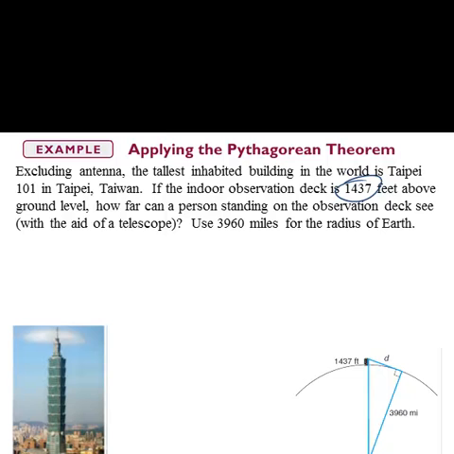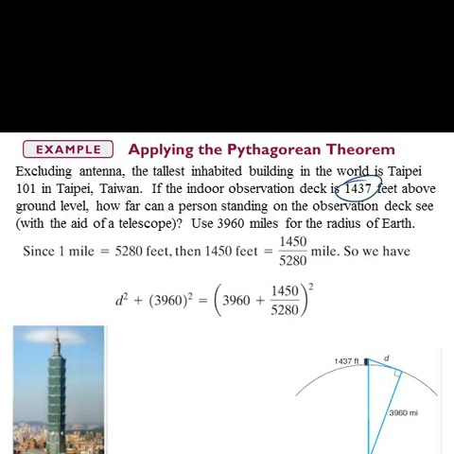All right? Here's the center of the Earth. Now, the radius of the Earth is approximately 3,960 miles. Then the radius plus the height of the building will be how much?